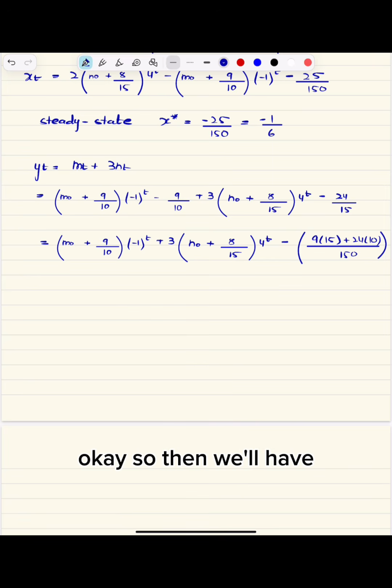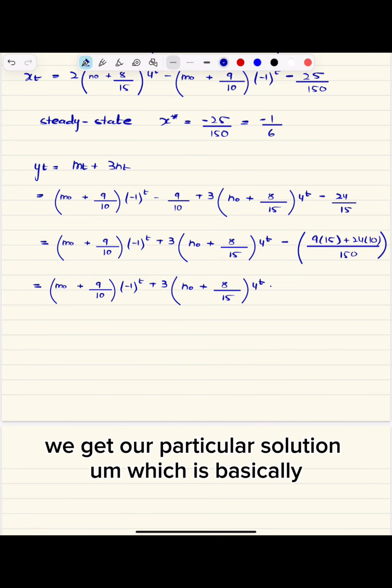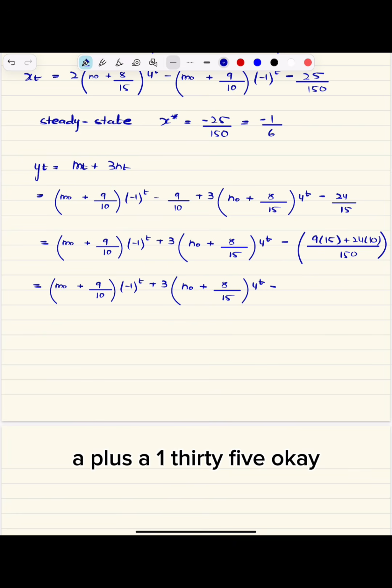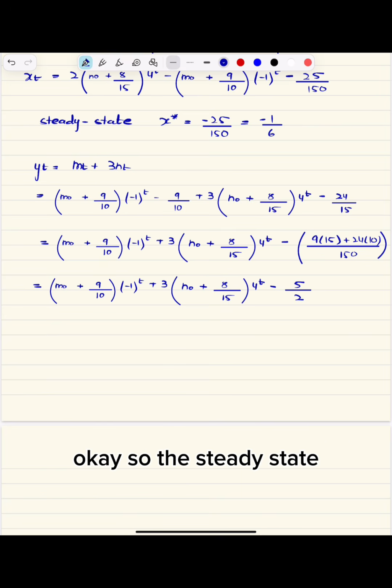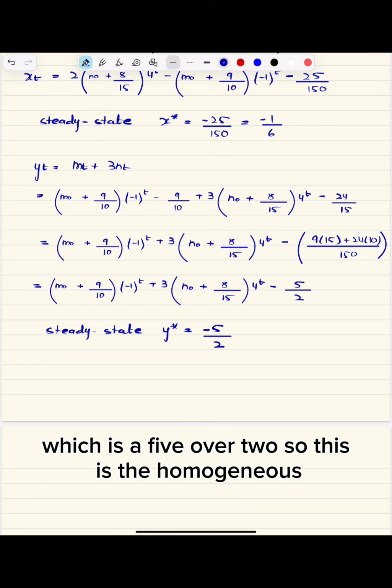Okay, so then we'll get our particular solution, which is basically going to be 240 plus 135. Okay, so it's going to be 5 over 2. So the steady state is y star, which is the particular solution, which is 5 over 2.